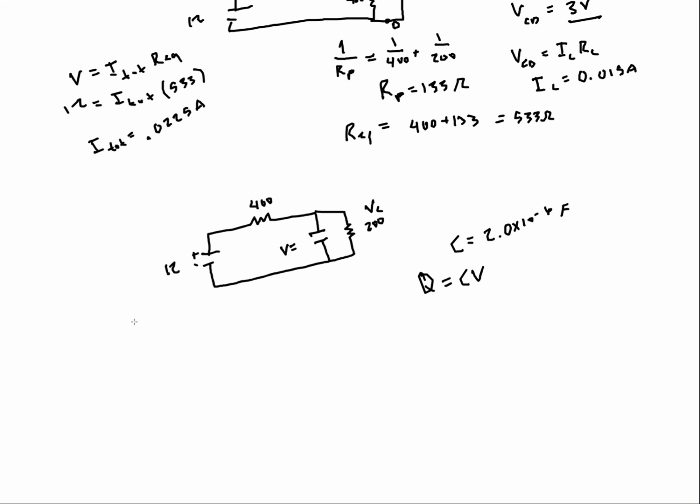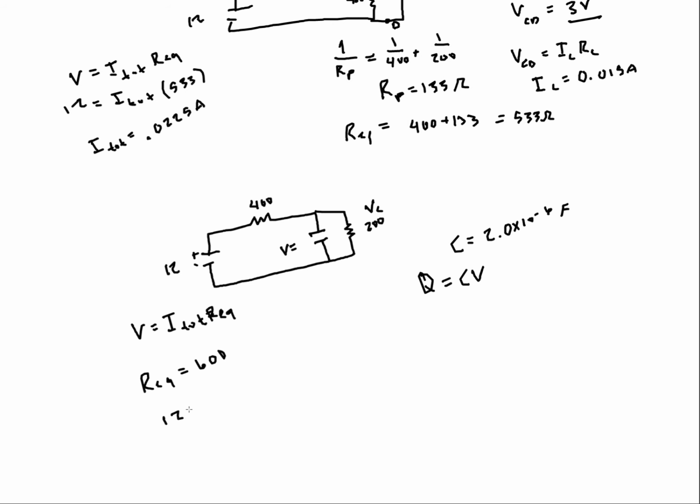Okay, so to figure out my current drawn, I need a new R equivalent. These two resistors are in series with each other, so R equivalent is just 600.